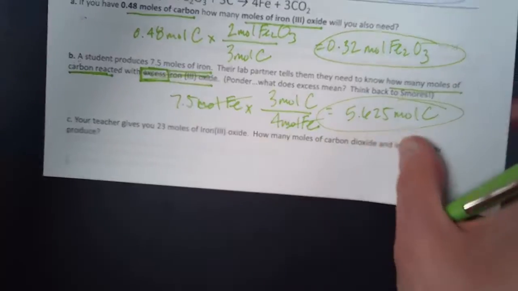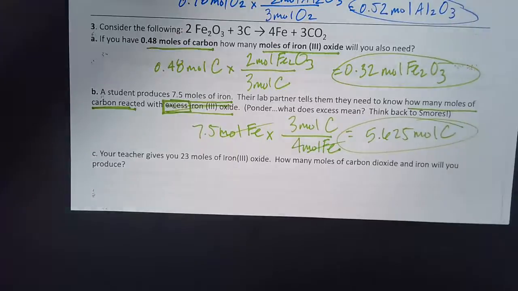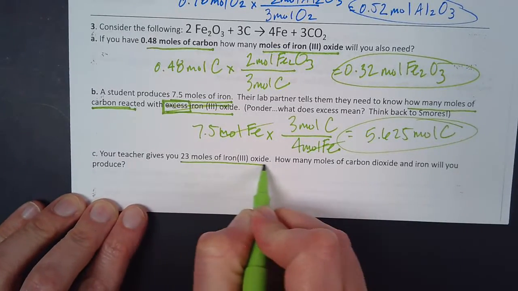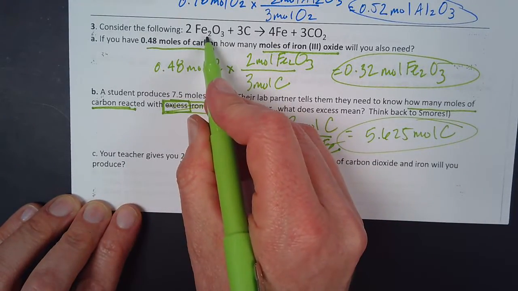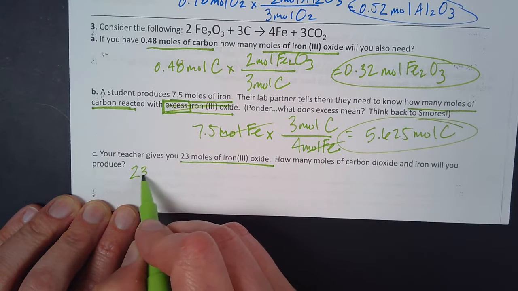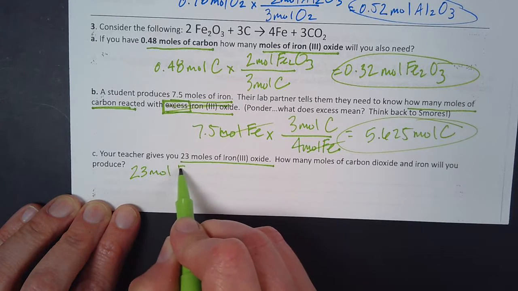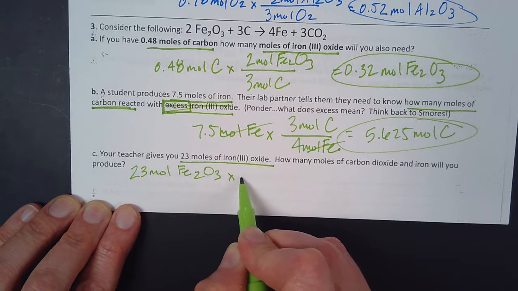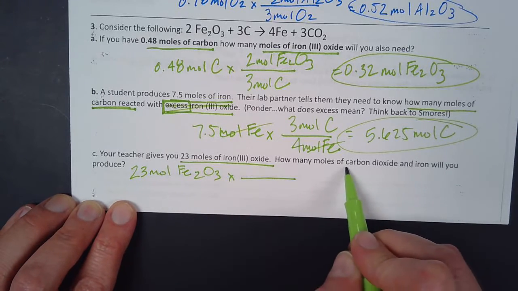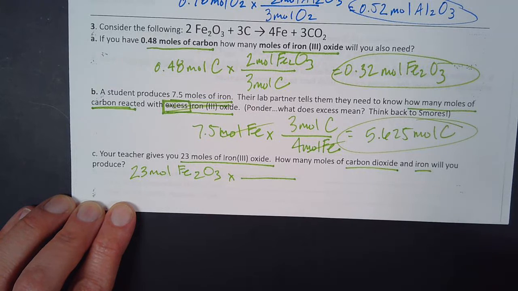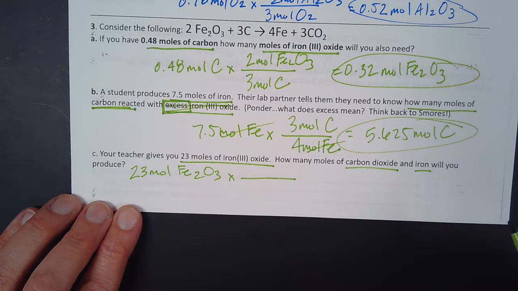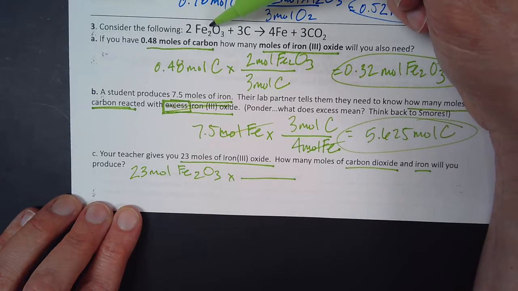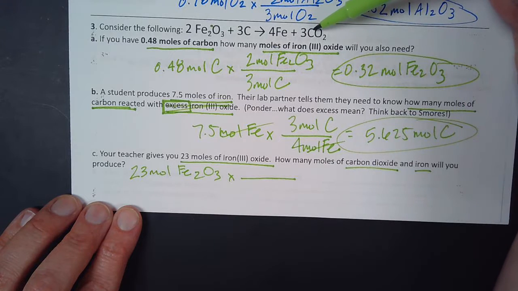Let me move this a little bit here. So we're starting with 23 moles of iron 3 oxide, which is right here. And we want to know how many moles of carbon dioxide and how many moles of iron we're going to produce. So if we're going to go from iron 3 oxide to carbon dioxide, that's a 2-to-3 ratio.